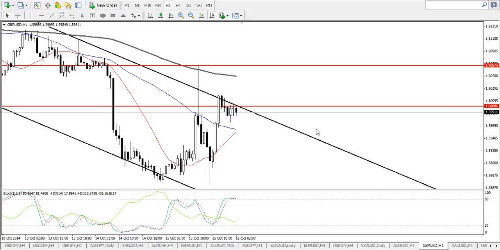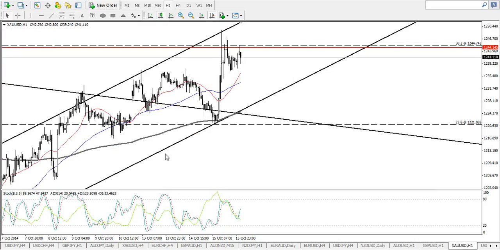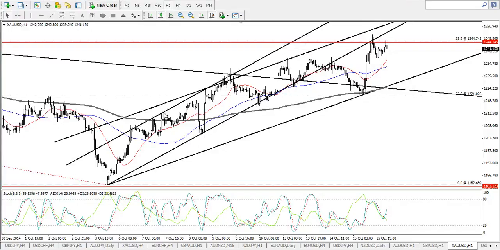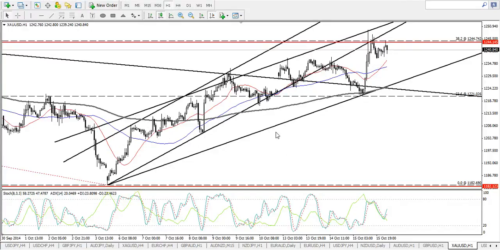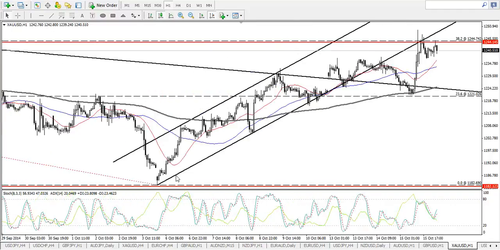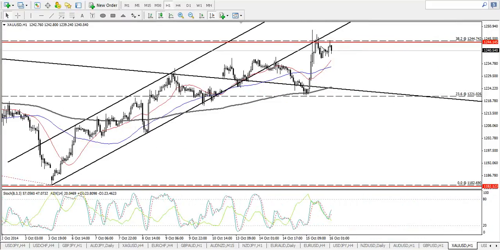Finally, I would just like to bring attention to the gold against the US dollar. Previously there was a trend channel over here. In the 1 hourly chart we can see that there was a rising trend channel. It broke down below, and right now it went up again and got resisted at the bottom of the previous rising trend channel itself.